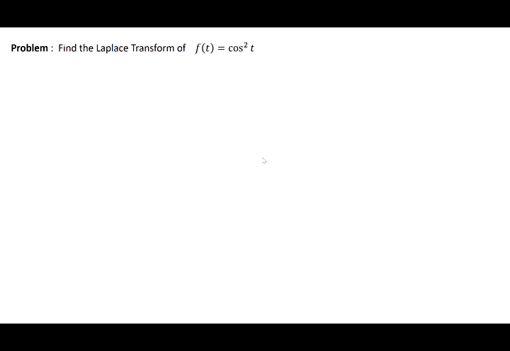Okay, what's the big deal? I'll figure out Laplace of cosine t and multiply that by Laplace of cosine t. No, you cannot do that. Laplace of a product is not equal to product of Laplaces. So the only way, at least that I know of, to solve this one is to be able to use the identities that we just derived and say, okay, this cosine square t is nothing but 1/2 of 1 plus cosine 2t.